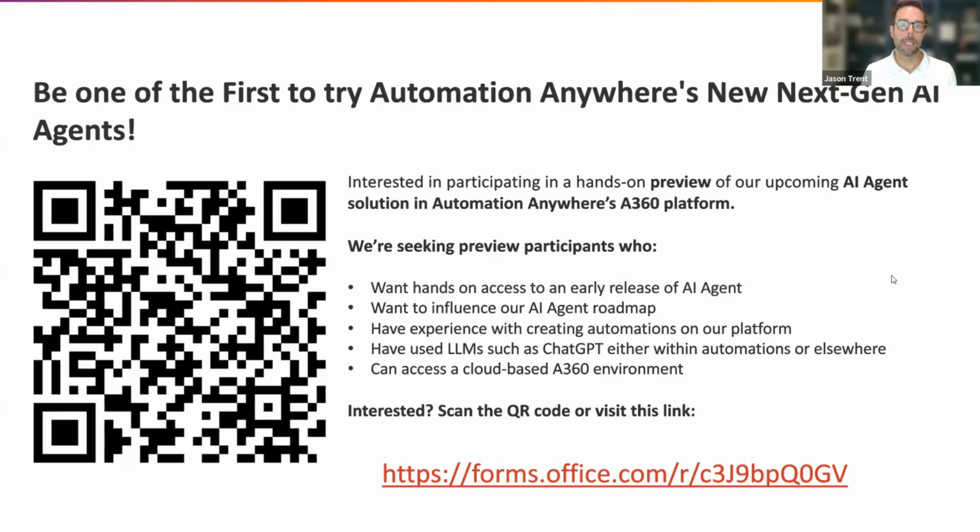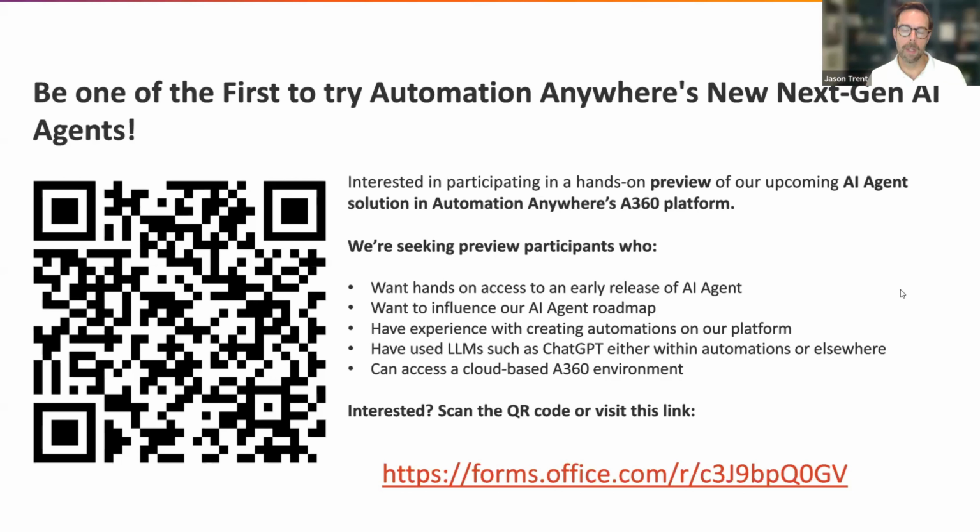So as we mentioned, we're really excited to bring this new non-deterministic, autonomous, goal-oriented agents into the platform. And we are continuing to make preview slots available to customers that want to provide feedback on this capability. We are currently in preview with about a half dozen different customers, so there's a queue of those.